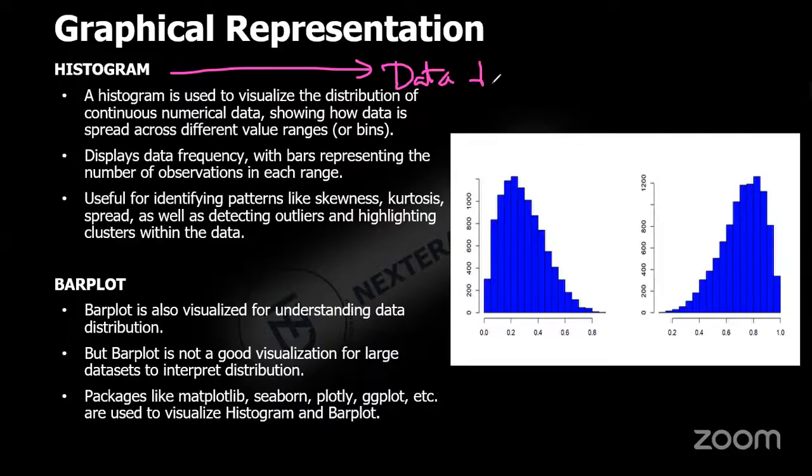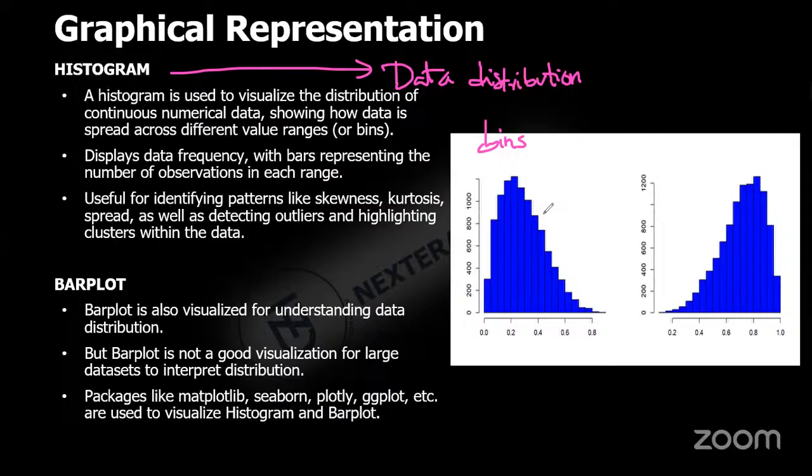To understand data distribution, a histogram is generally visualized. The disadvantage of the bar plot was overcome by the histogram, where the data gets converted to bins. The data gets grouped.